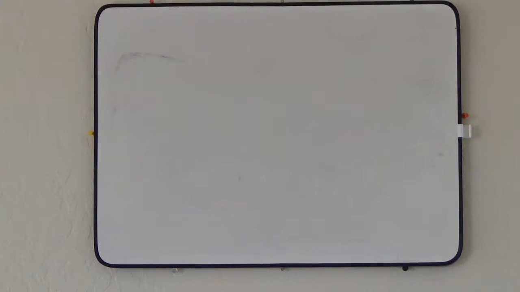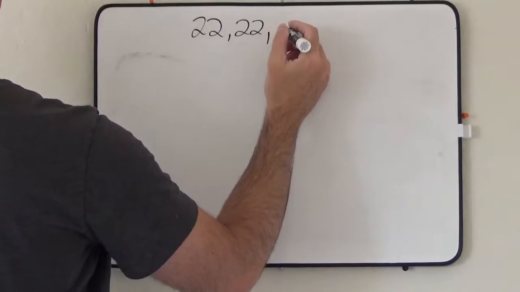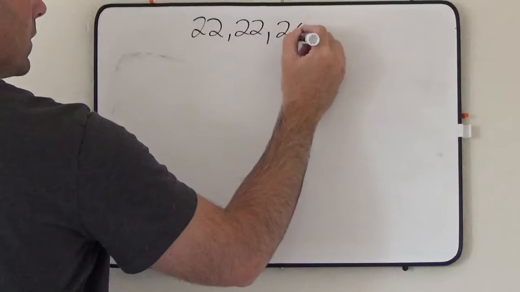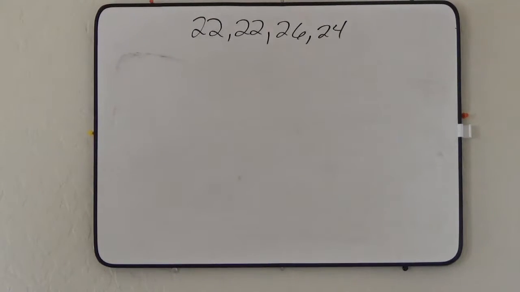Now, the measures for variance, the first measure is range. Range is the difference between the minimum and the maximum. So if we go back to the chocolate chip cookies that we had, where we had 22, 22, 26, and 24, let's just take those numbers. And I wanted to find the range.